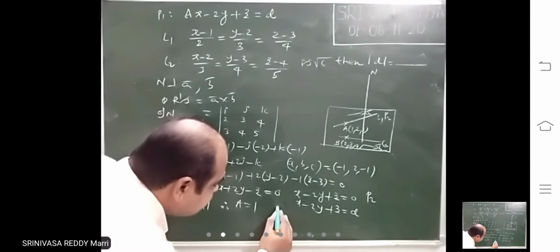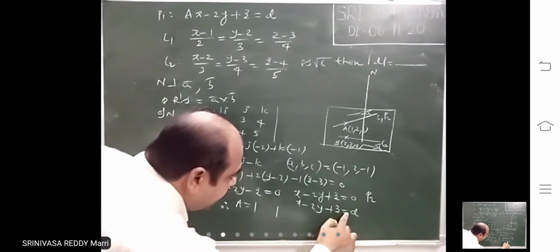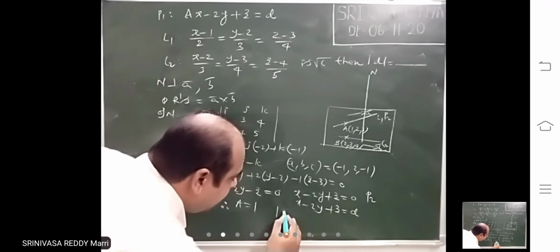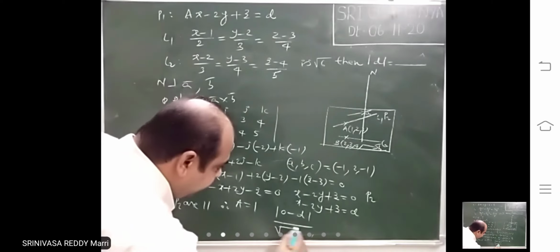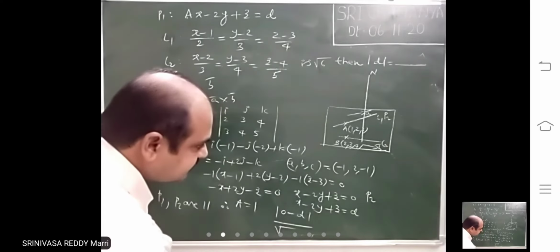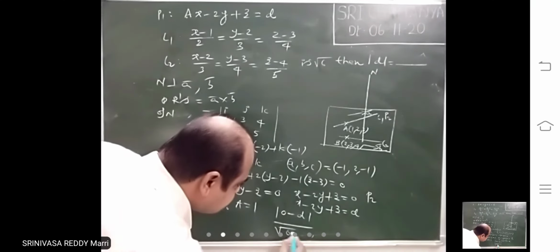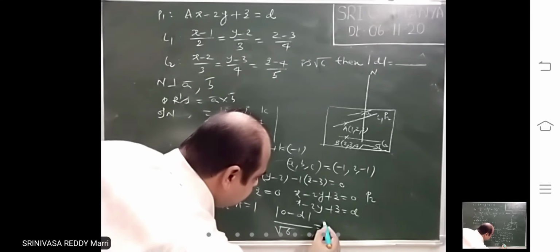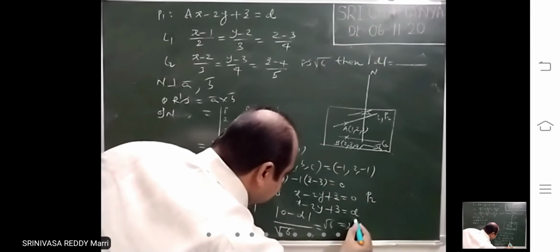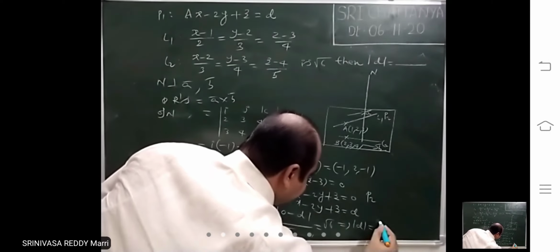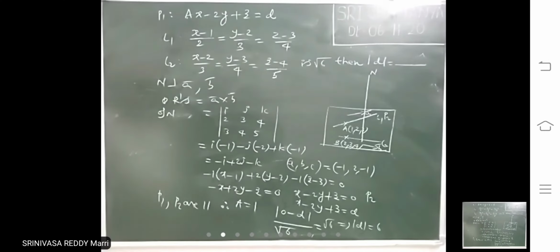The distance between parallel planes is modulus of d1 minus d2 divided by root of a square plus b square plus c square. That means 1 plus 4 plus 1, 6, equal to root 6. That means modulus d value is nothing but 6.